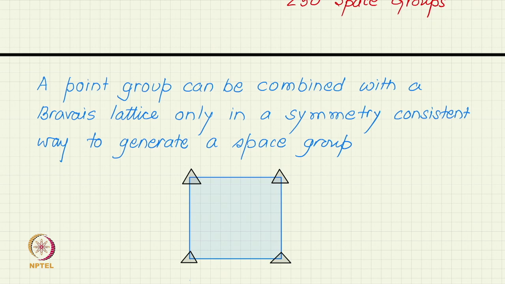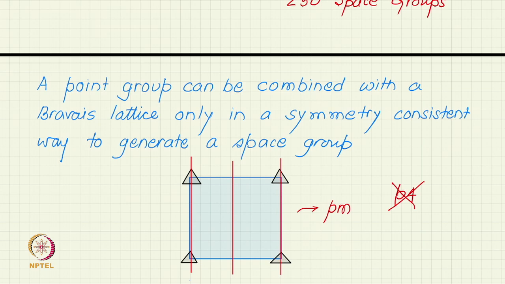So, this plane group, for example, if my triangles are oriented this way, will preserve the mirror planes, but not the fourfolds. And since only one set of mirror planes is preserved, we call this plane group PM, and it will not be P4 or P4mm.